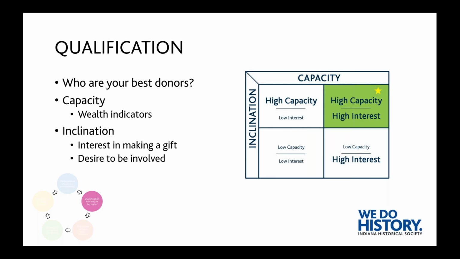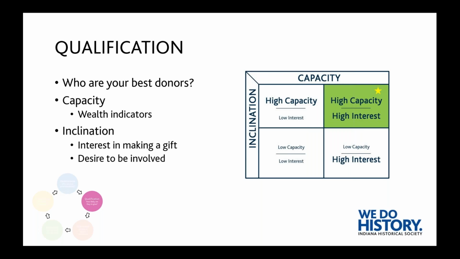The chart on the right divides up prospective donors into quadrants based on their capacity and their inclination. Your top donors are going to be the ones who have the funds to support you, but also have the interest to do so. An individual with, say, high capacity and low interest, this would be somebody who has a lot of wealth, but they just haven't spent a lot of time around you.